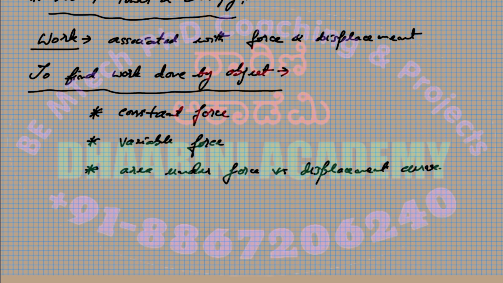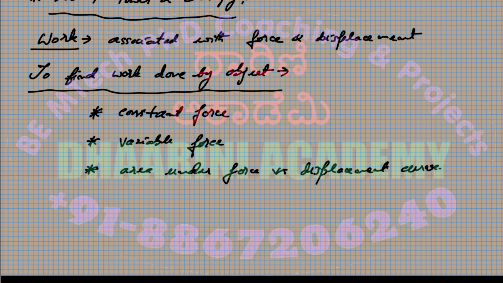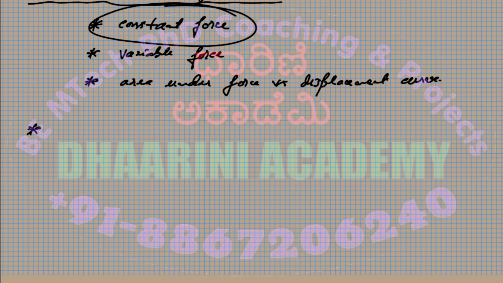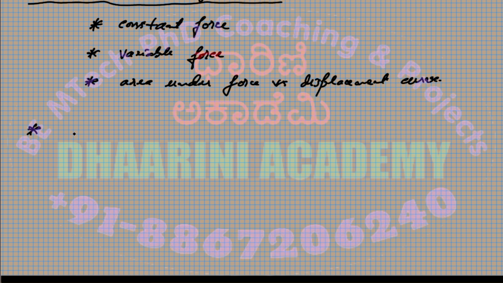So three different methods do exist here to solve the problems. So let's look at one by one. The next concept will be the first one, that is the constant force. Work done by constant force.